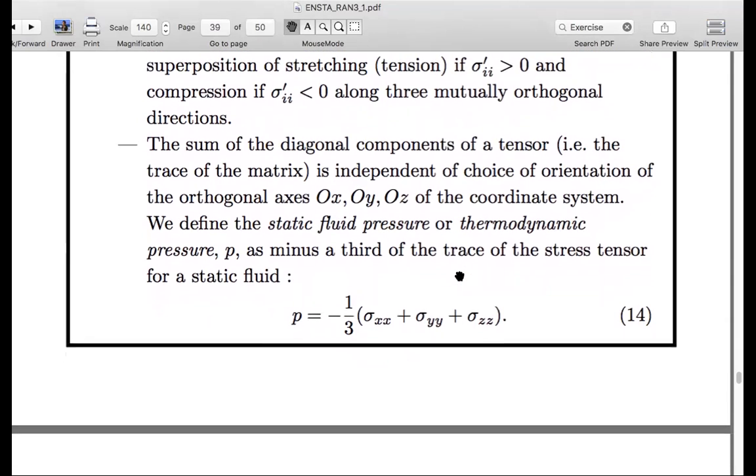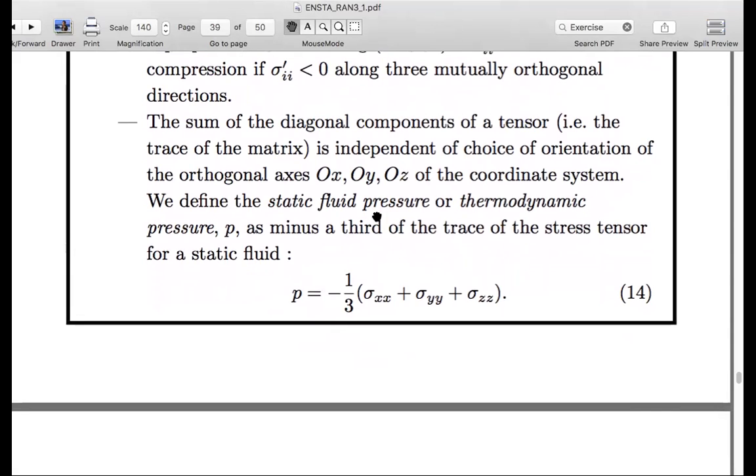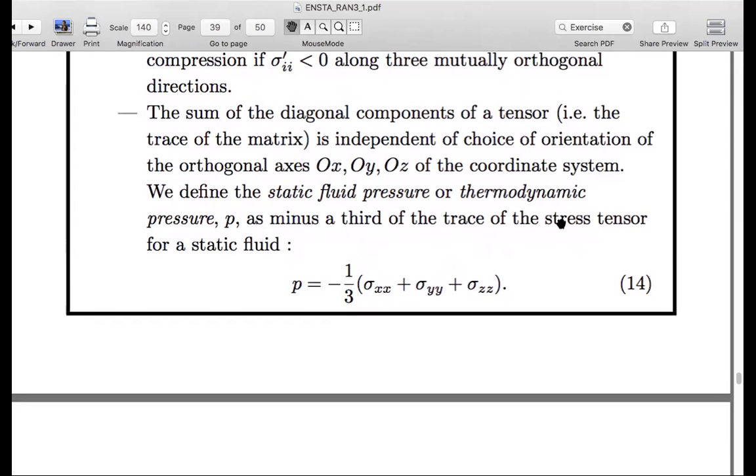And we can define the static fluid pressure using what's called the trace of the matrix, or the sum of these diagonal components, the sum of the normal components. If you take the trace of the matrix and divide it by 3 and put a minus sign in front, that becomes the pressure. So the pressure is like minus the average of the normal stress. That's the static fluid pressure or thermodynamic pressure.